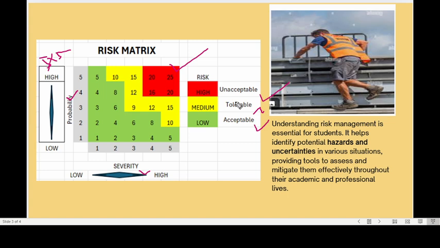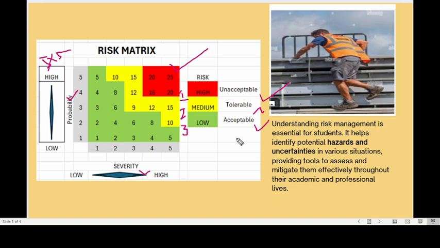Unacceptable means in the red zone, we have to stop the work immediately until the risk is reduced, and acceptable means in the green zone. Here you can see three zones. One is red, second is yellow, which is medium, and third is low, which means green.